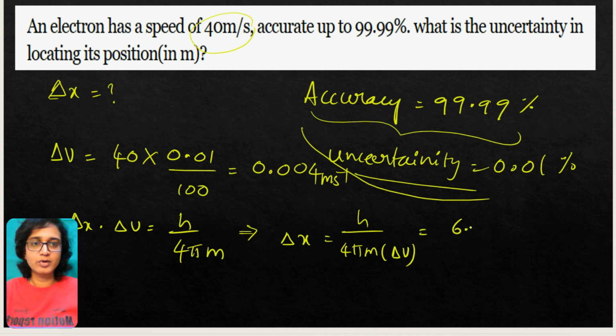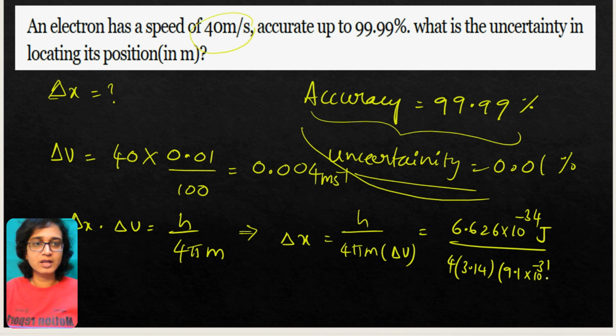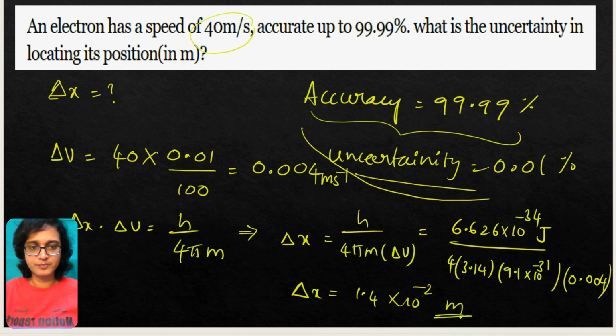That is 6.626 into 10 power minus 34 joules divided by 4 into 3.14 into the mass of electron 9.1 into 10 power minus 31 kg into the uncertainty in velocity 0.004 meters per second, which gives about 1.4 into 10 power minus 2 meters.